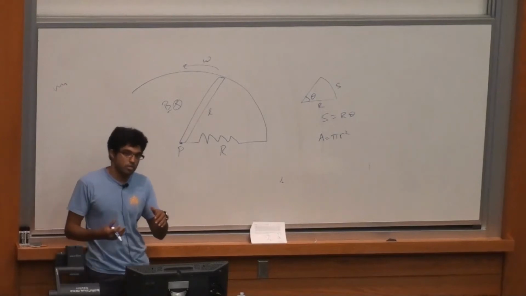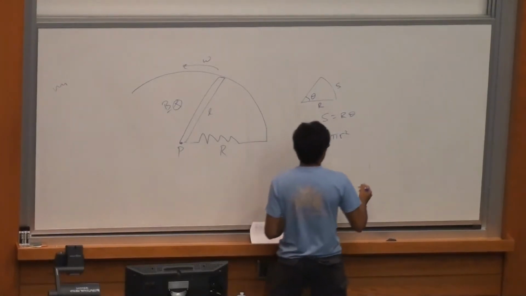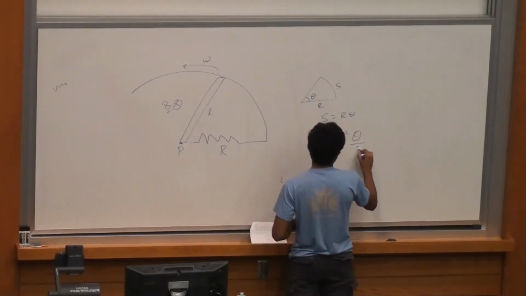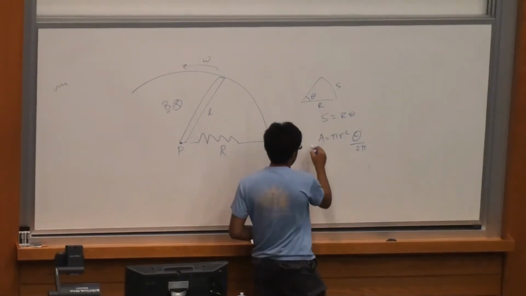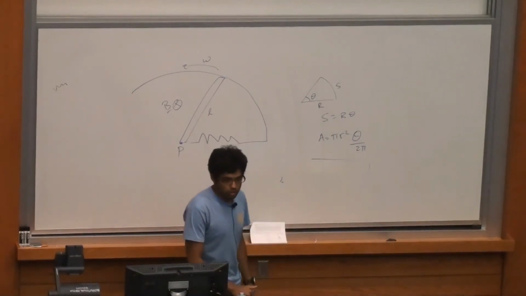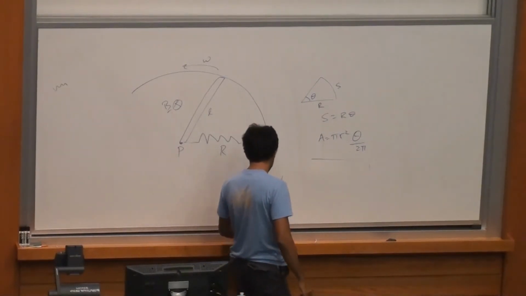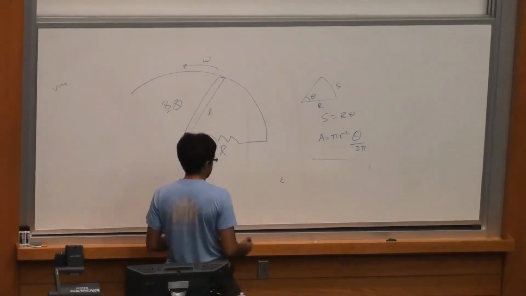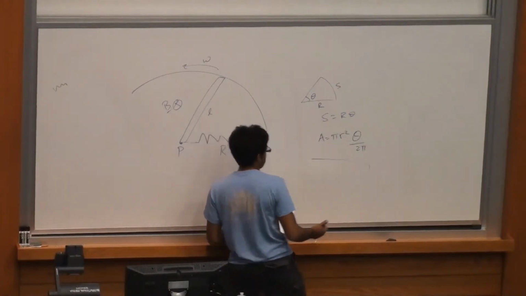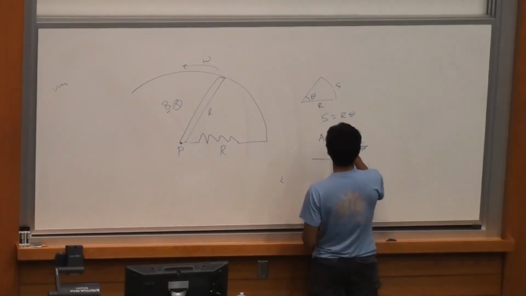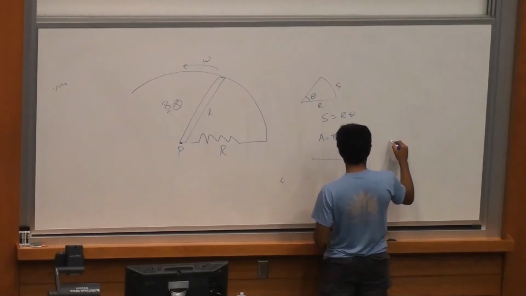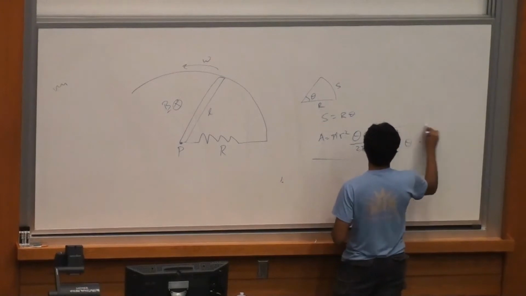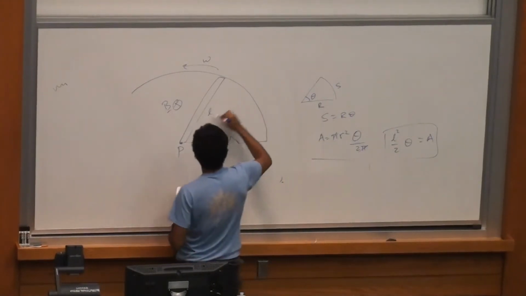To calculate the fraction of the area, I know the total angle is 2 pi. So I have a certain angle theta over 2 pi, and that's the fraction of the area that I take into account. So in this case, the area is pi r squared times that. So I basically get L squared theta over 2 equals the area for this part.